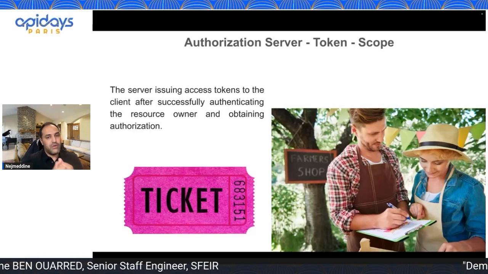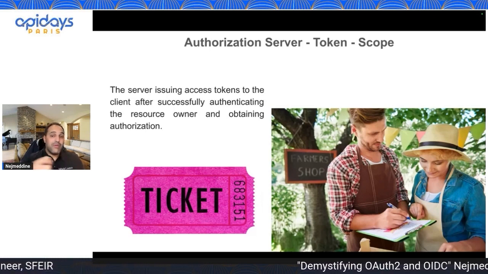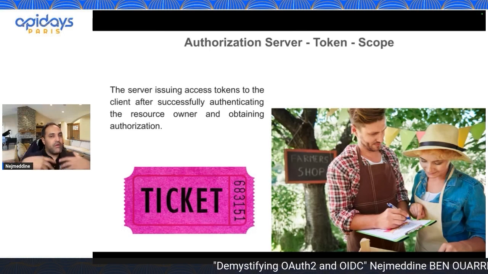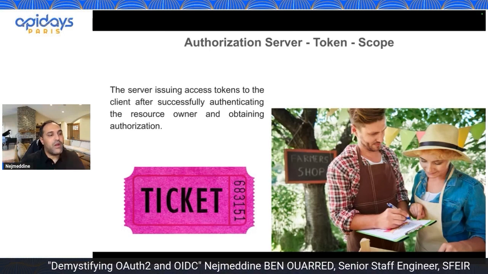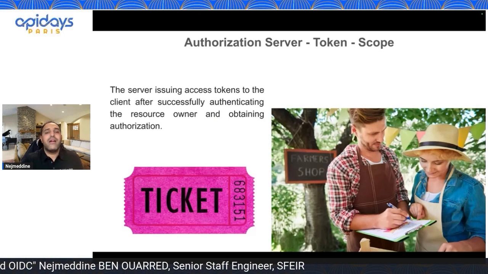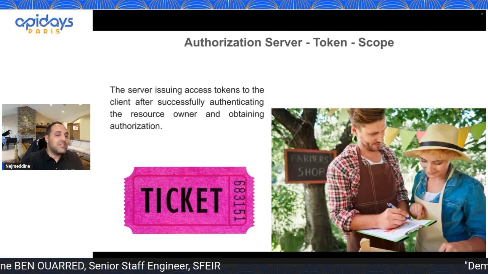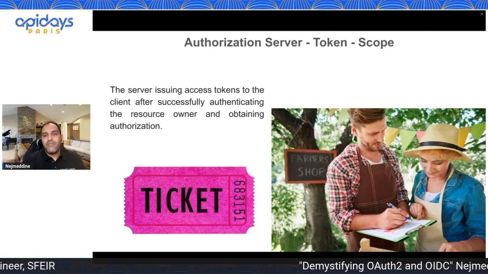The ticket is the thing that this man will deliver to you before coming into the farm, and he will also verify that you have the right ticket and that the date of the ticket is valid.